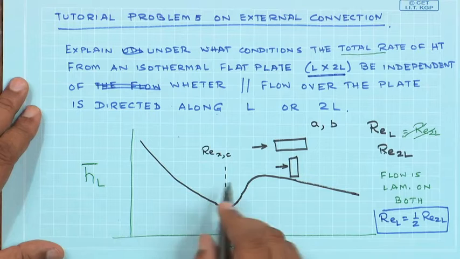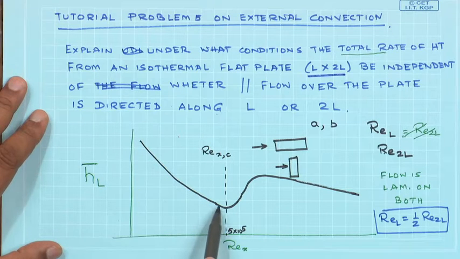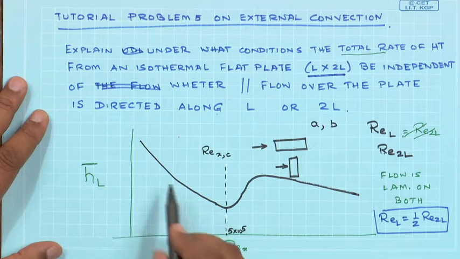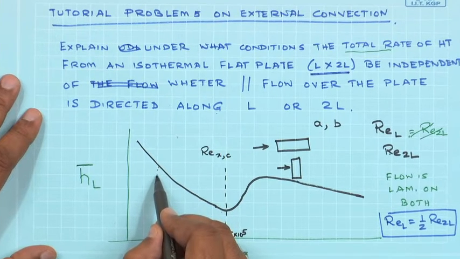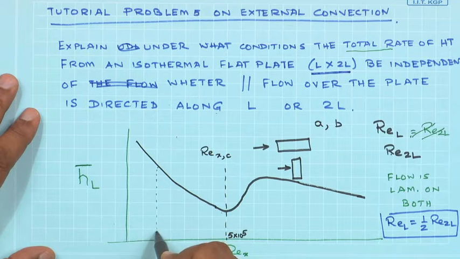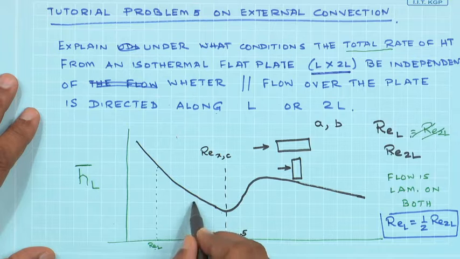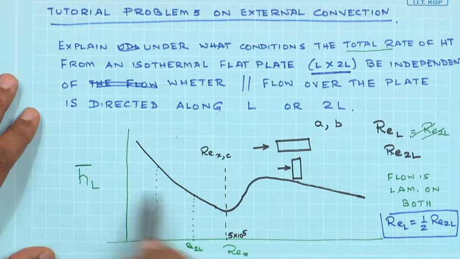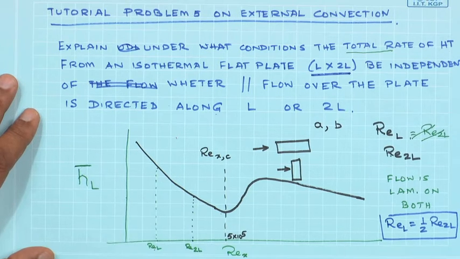So, let us concentrate on this part of the curve. Is it ever possible that, let us say, if this is Re_L, so of course, here would be some point which is going to be Re_2L, which would simply be twice of this, and you get a value of h bar_2L, which is going to be your h bar_2L.